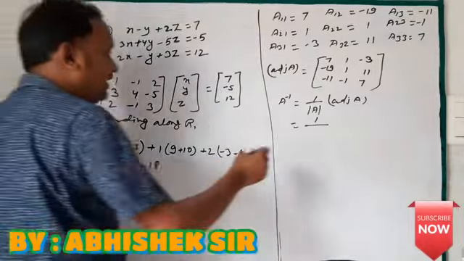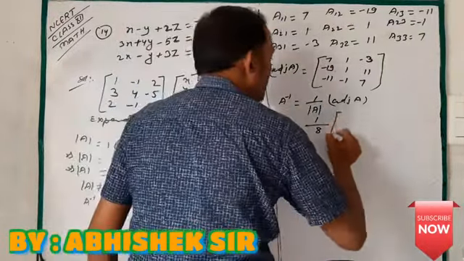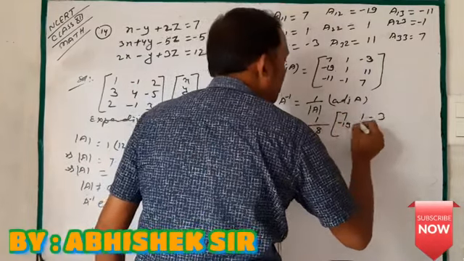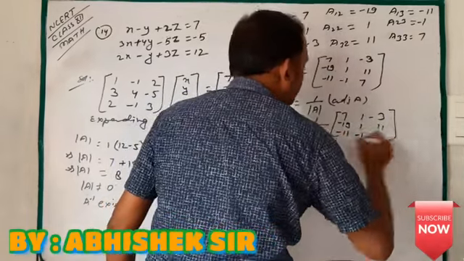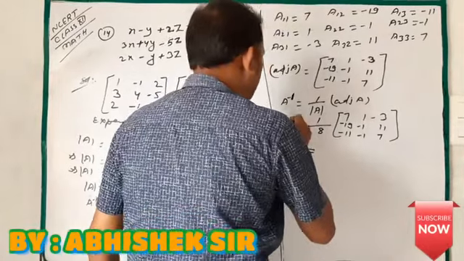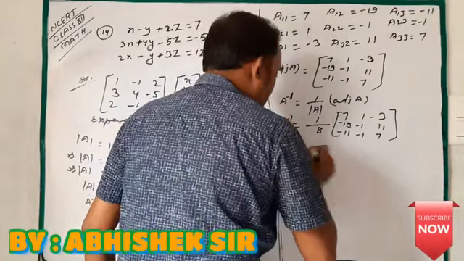Determinant of A is equal to 8. Adjoint A is 7, 1, minus 3, minus 19, 1, 11, minus 11, minus 1, 7. This is our A inverse.